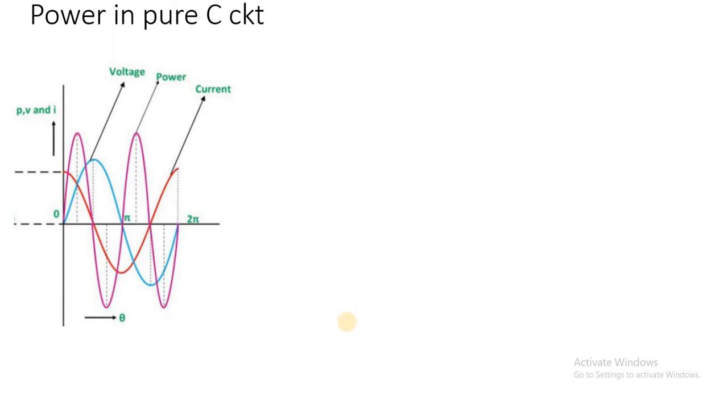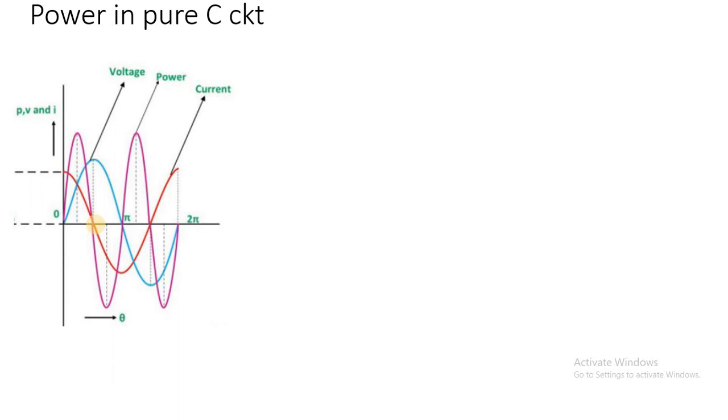Now let's have a look at the period 0 to pi by 2. From 0 to pi by 2, the current waveform is the decreasing part of the positive half cycle. And in between 0 to pi by 2, the voltage waveform is going to have the increasing part of the positive half cycle.